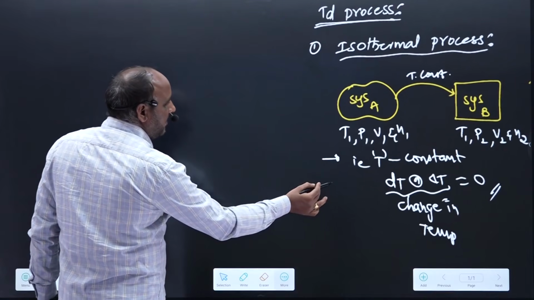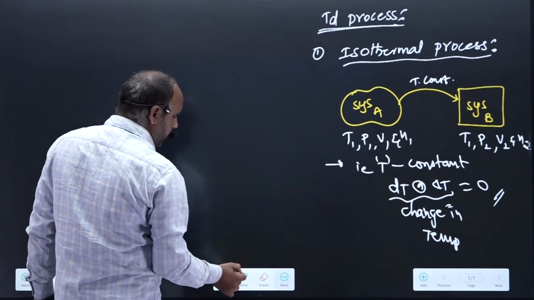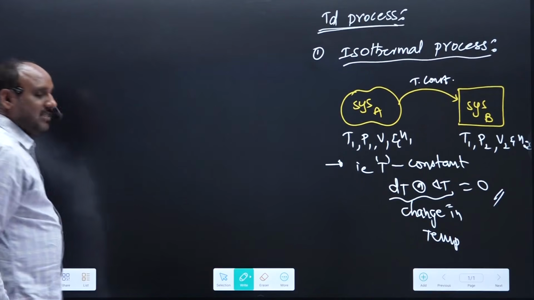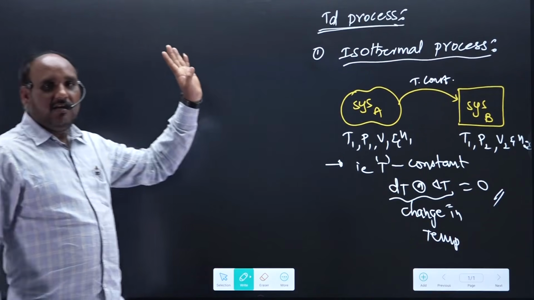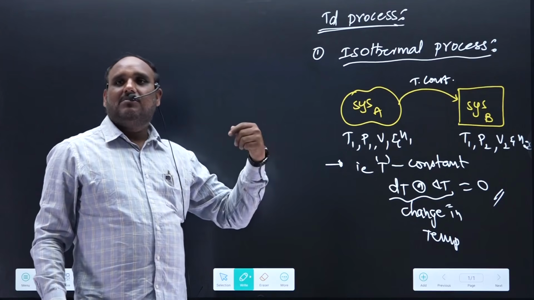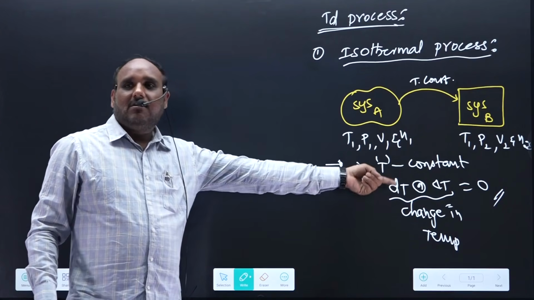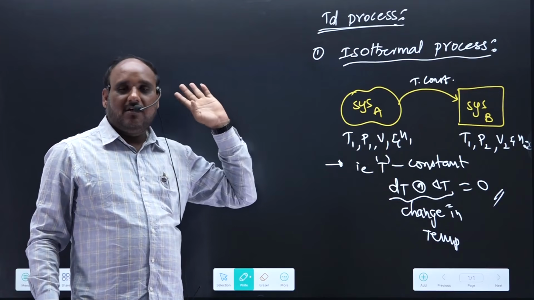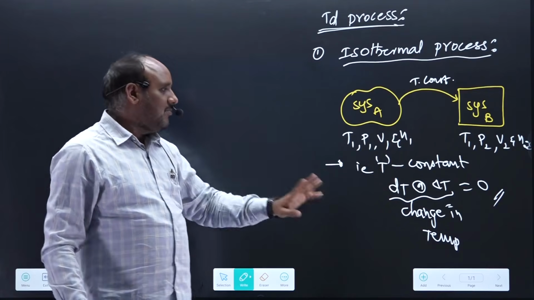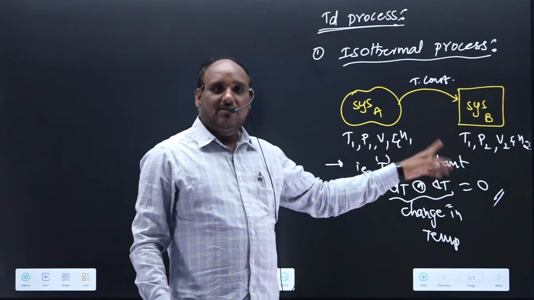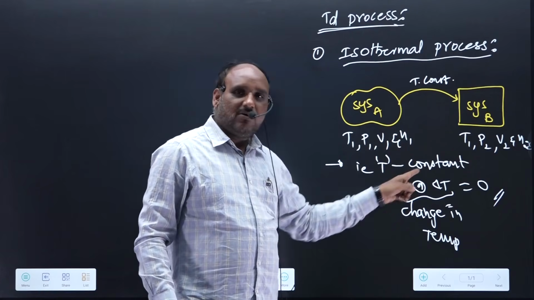These are very important, because in many cases we just have to apply the condition that it is isothermal. If the process is isothermal, immediately dT or delta T will be 0. Keep that in mind. Or sometimes we also utilize T is constant. These are the two conditions we have to utilize.